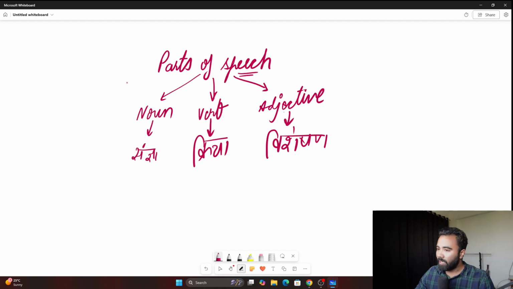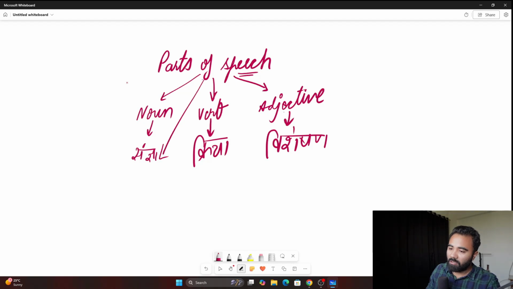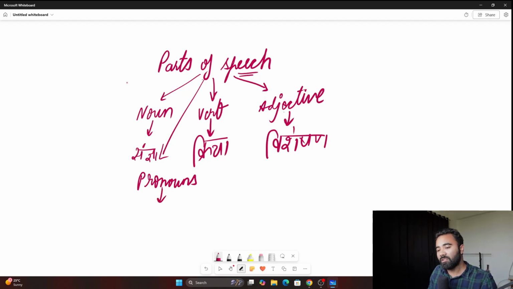Now, noun, verb, adjective. There are two more very important parts of speech that you need to learn. One is pronouns. This is very controversial right now, especially in the Western countries. The pronouns are he, she, it. For example, if I have to speak about Mohandas Gandhi, I'll say that M.K. Gandhi was born in Gujarat.